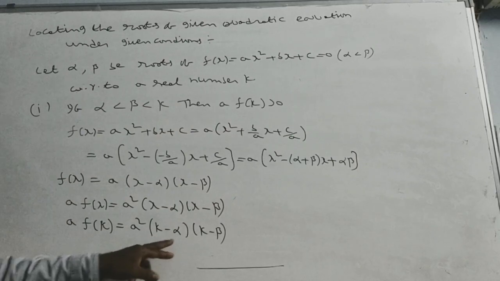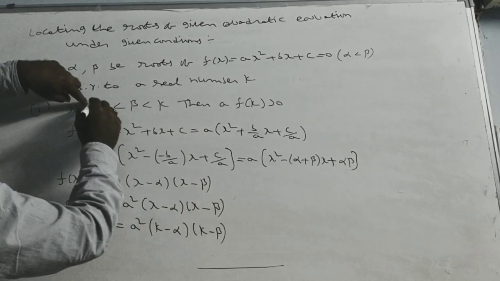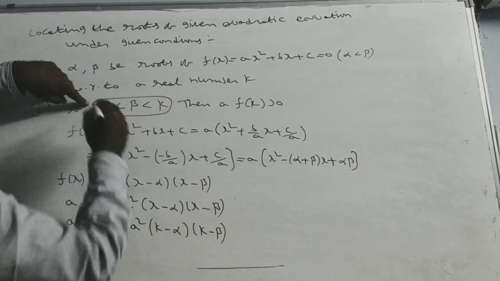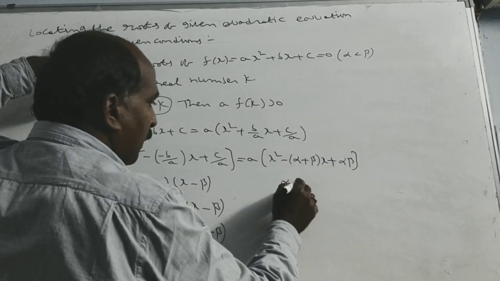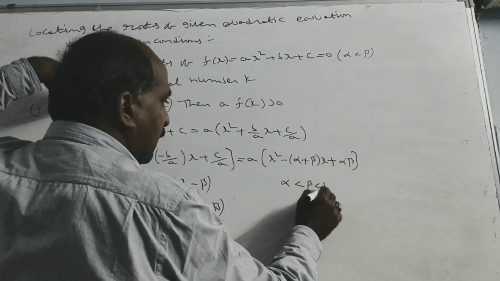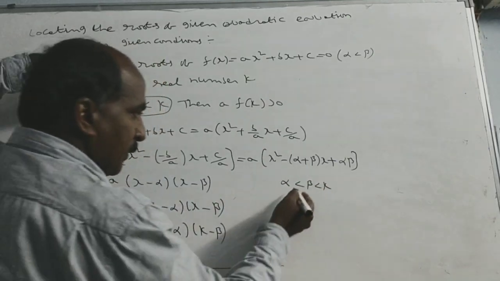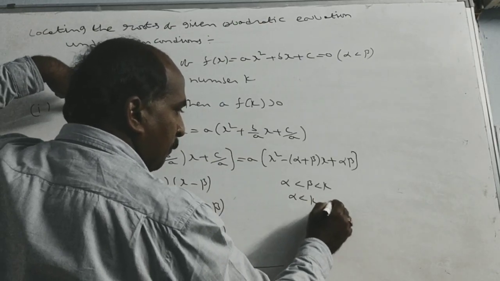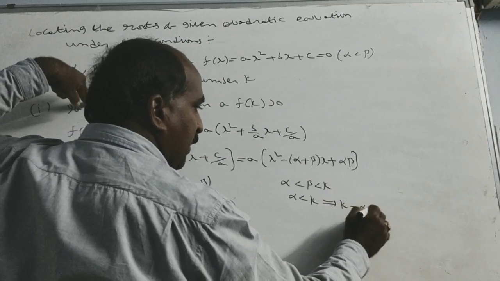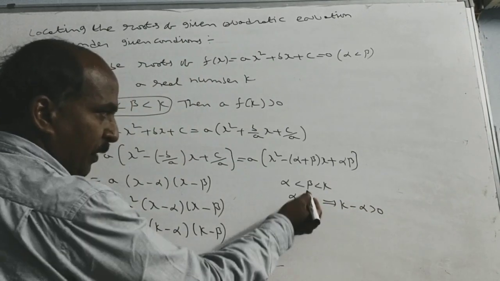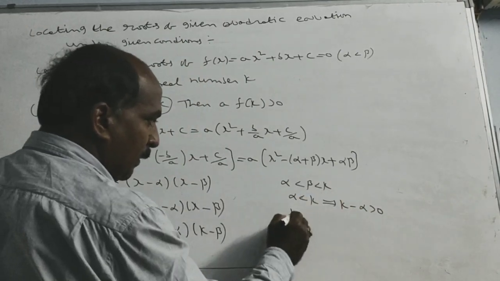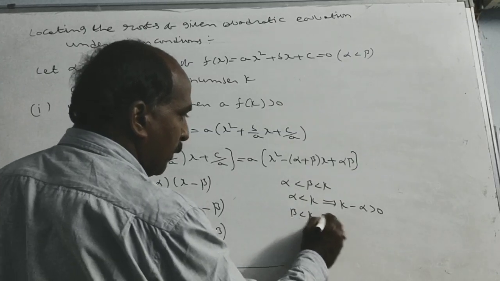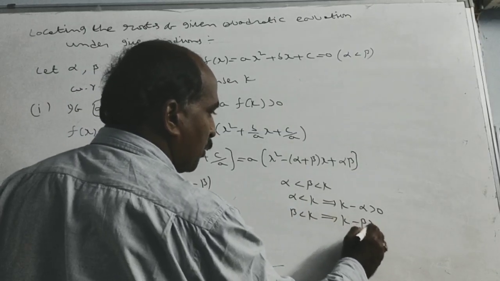We know that alpha less than beta less than k. If we take alpha less than k, it implies k minus alpha is positive. If we take beta less than k, it implies k minus beta is positive.